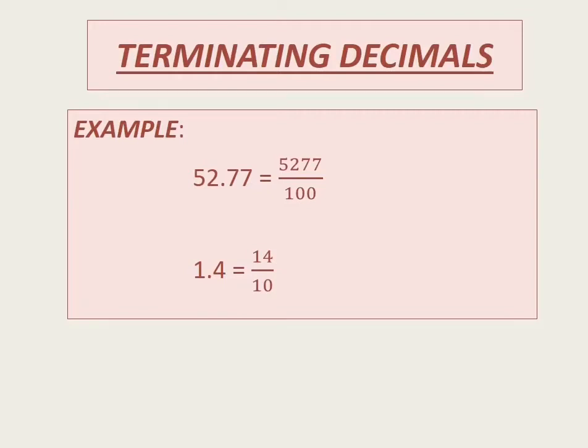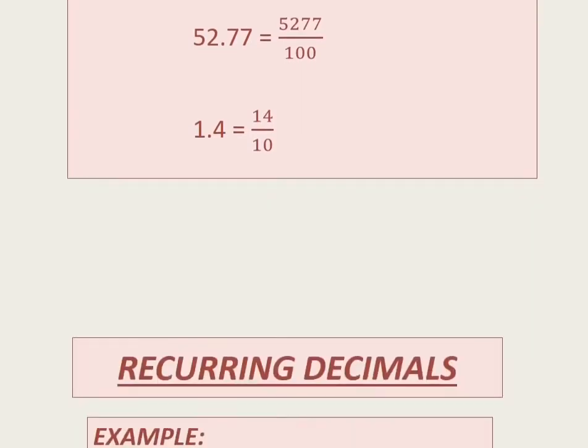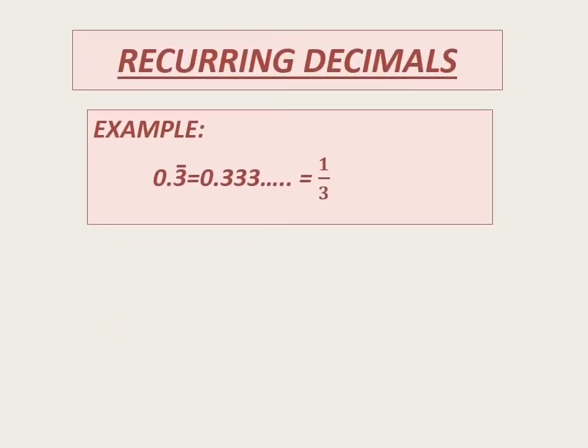Now, another thing, if the decimal part in the decimal number is repeating, for example, 0.33333 and so on. If the number is the same and it's repeated again and again, we can write it as 0.3 bar. This bar represents that 3 is repeating, okay. So if the number is in this form, this decimal number is known as a recurring decimal, okay.